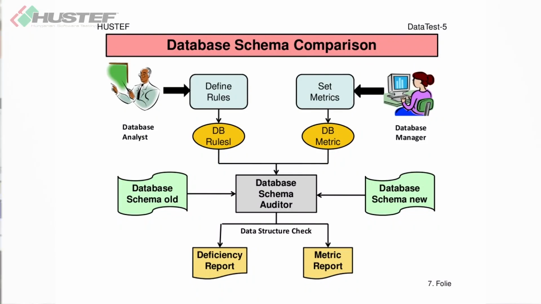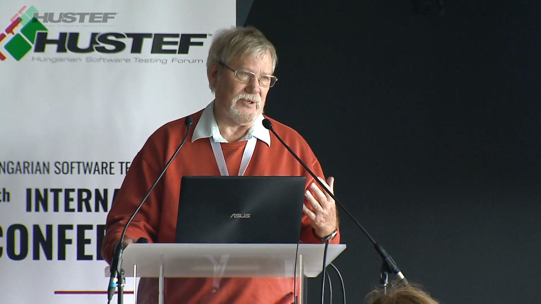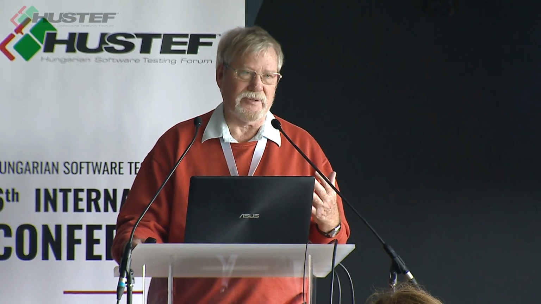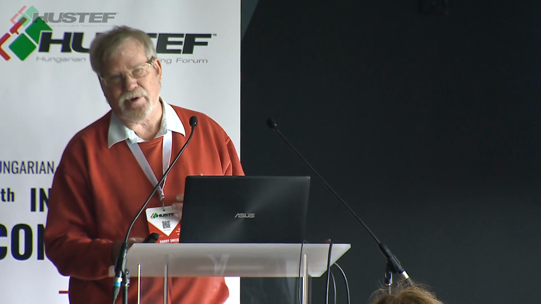In testing the data, we rely on the data description. The data description is in the schema. So there's a schema for SQL, there's the create table statements, and there's a schema for XML, XSD.